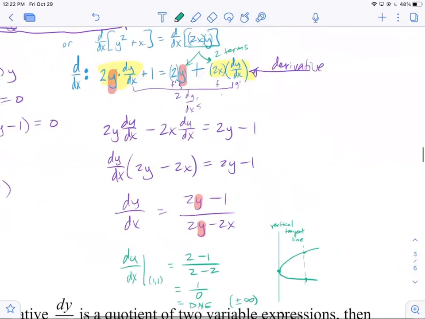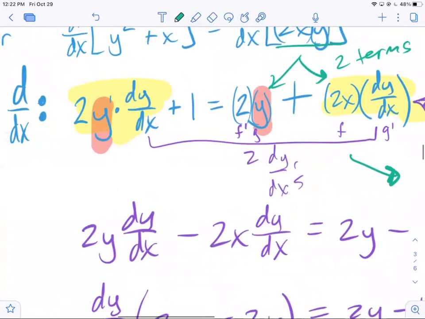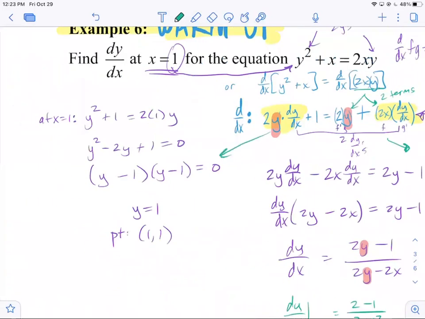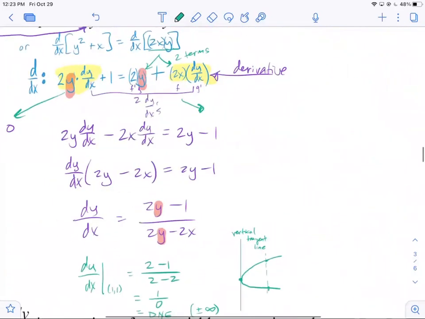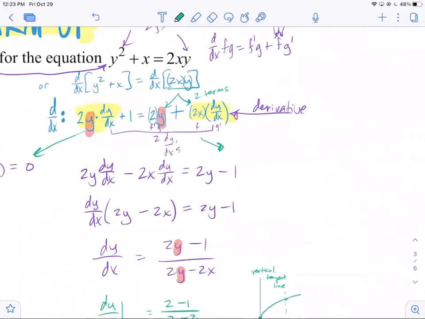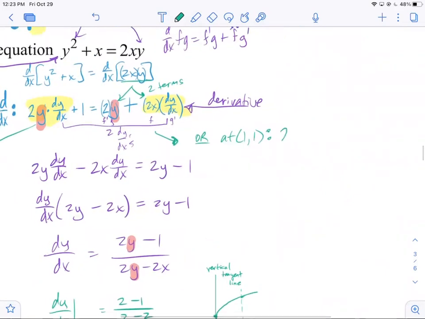Now, if I were to do it up here, let's see what I get if I would have taken my own advice. If you would have taken the derivative and then been like, dang, I need the y value, then you would come over here and find the point. And instead of doing the algebra with the variables, you could then just say at the point (1, 1), and then you'd plug in and you would get 2 times 1 times dy/dx plus 1 equals 2 times 1 plus 2 times 1 dy/dx.